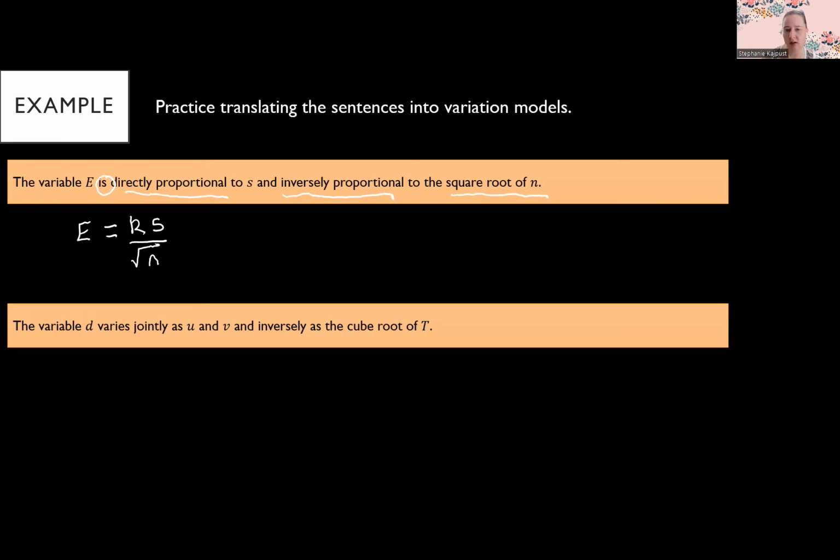So we have E equals KS over the square root of n. So directly proportional is multiply, inversely proportional is divide, and it creates a fraction. So this is an example of combined variation, where you've got a direct going on and an inversely going on. So you've got both happening at the same time.